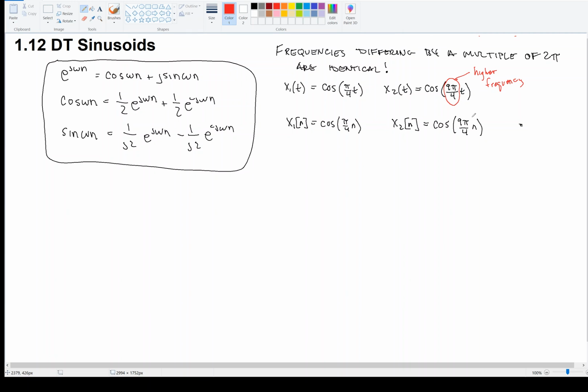They differ by 2 pi. This frequency and this frequency are the same, and the signals themselves are the same. So you can plot these, and if you make a stem plot you'll see that those two are in fact identical. So why is that? Why is that the case for discrete time and not continuous time?